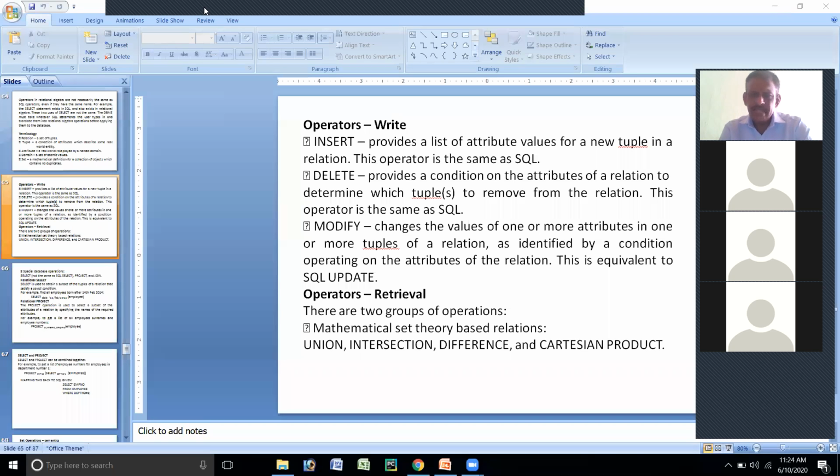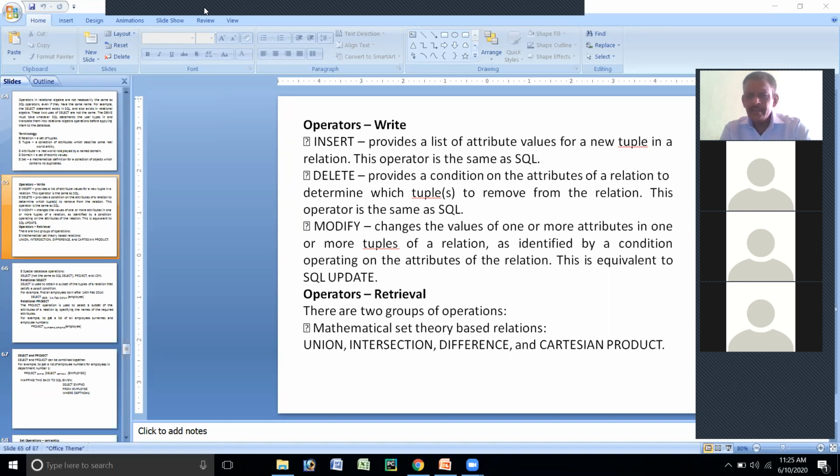The uses are same. It means when you go through this insert, delete and modify, these are the same uses even in SQL. Insert means addition, adding the values into the respective tuples to create a new tuple in a relation.